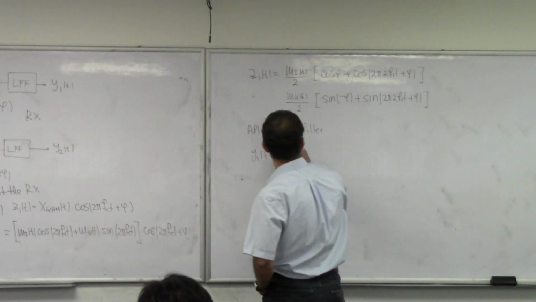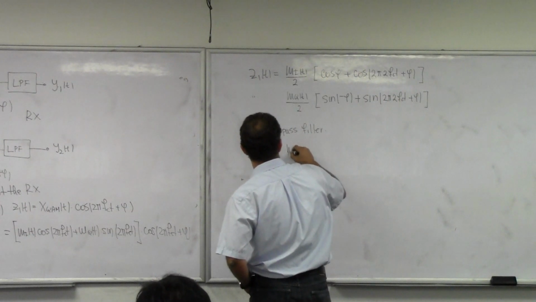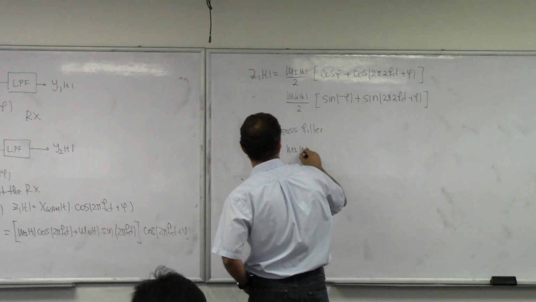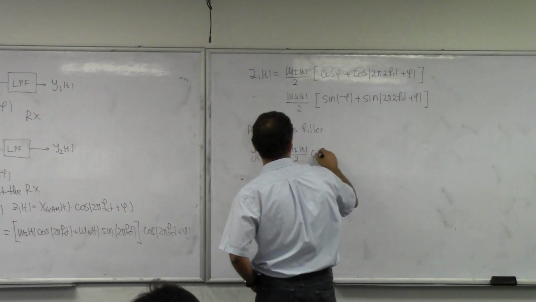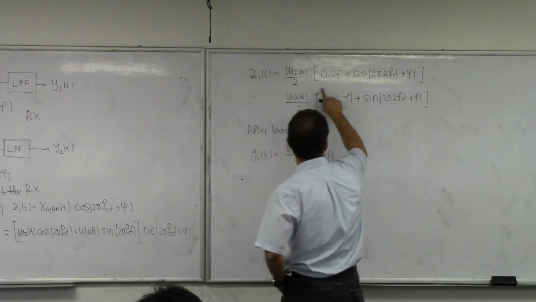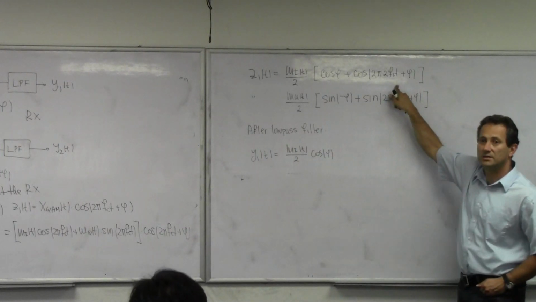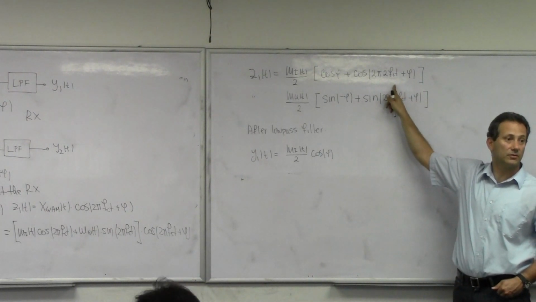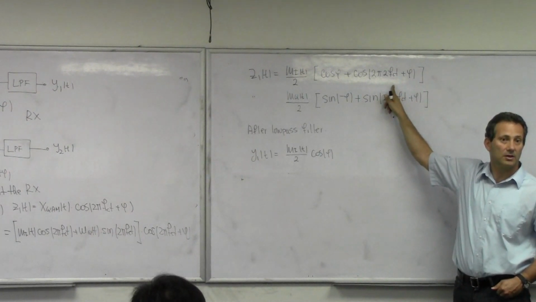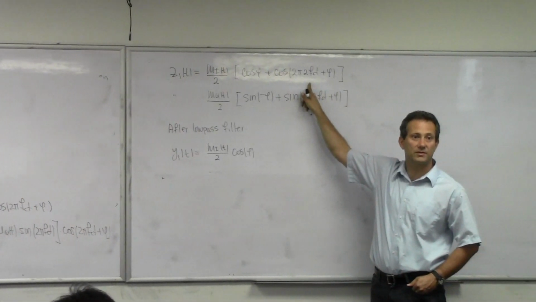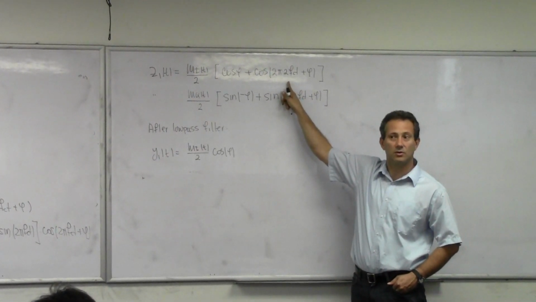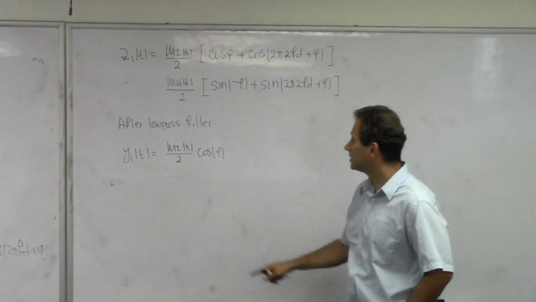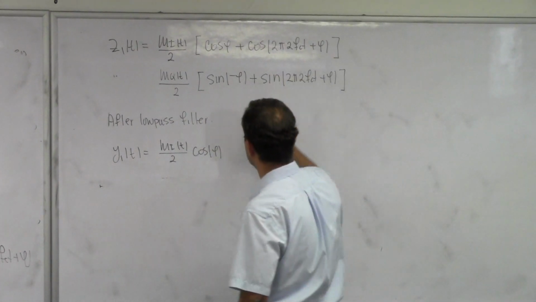So in y1 of t, I'm going to have mi of t divided by 2 times cosine of phi. How about the second part? The second part is a double sideband AM centered at the frequency of 2fc, right? So when you present this to a low-pass filter, what happens? It goes away, right? So that's what's left from the first one.